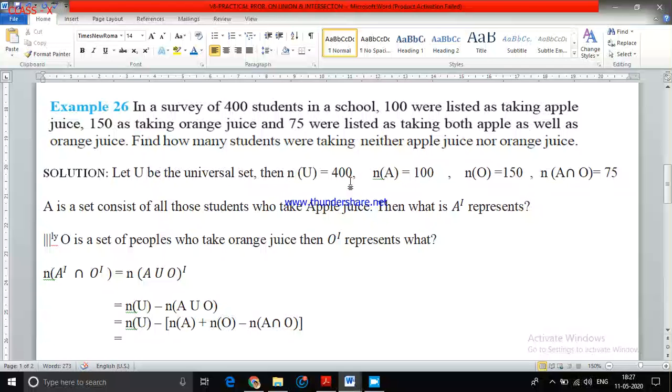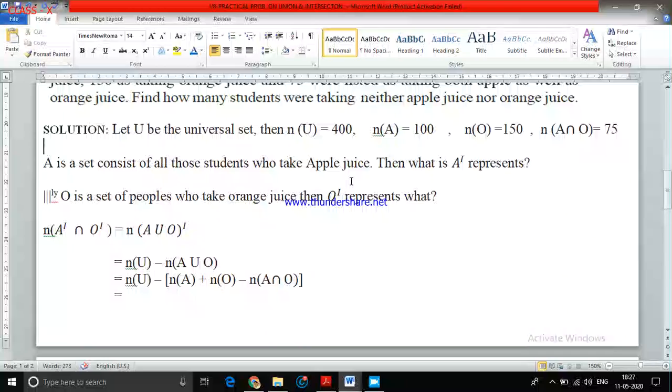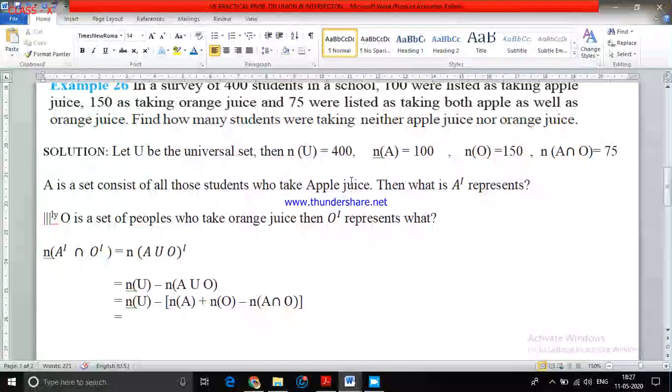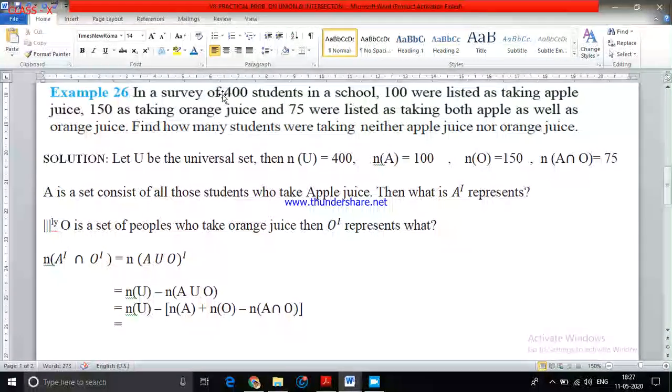This is where most students get confused whether it has to be union or the universal set, because this is not the 'or' condition. If I say 400 students drink either apple juice or orange juice, then I can take N of A union O. But the total number of students is 400, so that will be the universal set, and the number of elements in the universal set is 400.